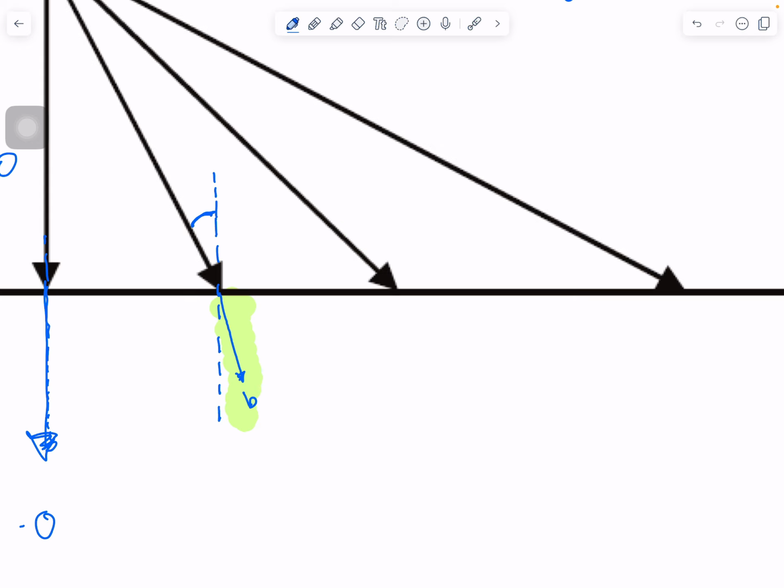Okay, next ray. What's the first thing I do? Draw the normal. Again, this is my theta 1. Is theta 2 bigger or smaller than theta 1? It's going to be smaller. It's going to go this way, and so that is going to be my theta 2.